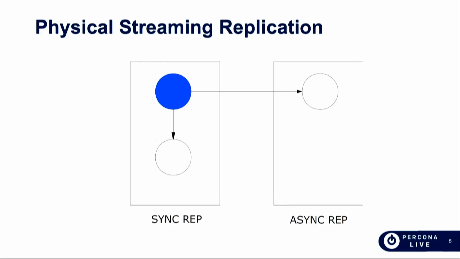So Postgres supports what we call physical streaming replication. It's called physical replication because we are sending the transaction log directly to the second or multiple other nodes.